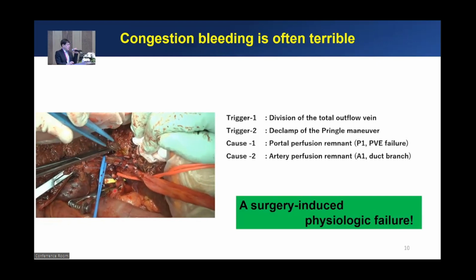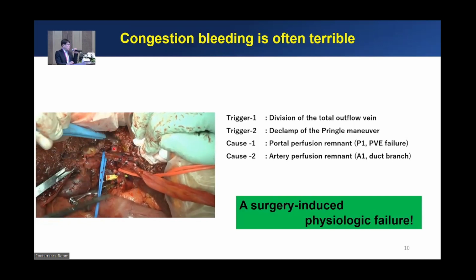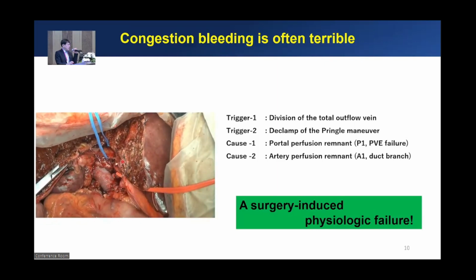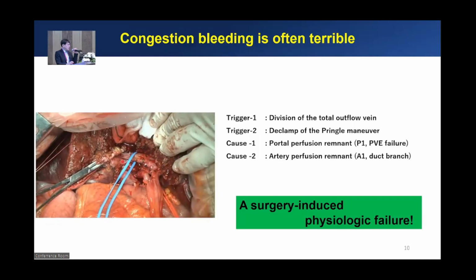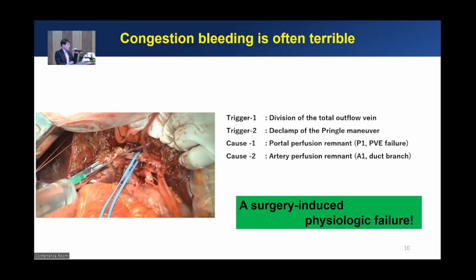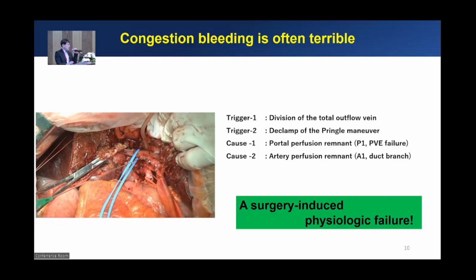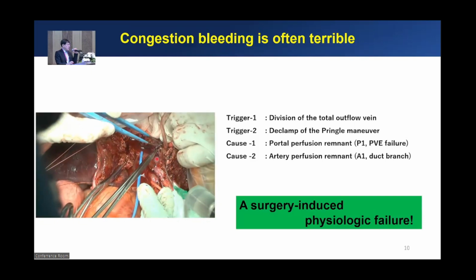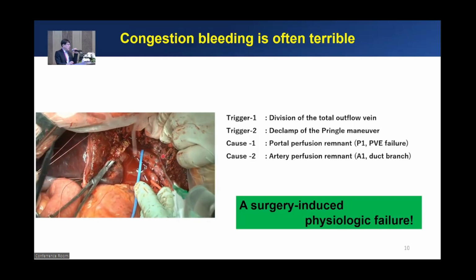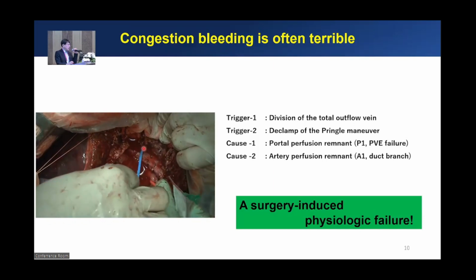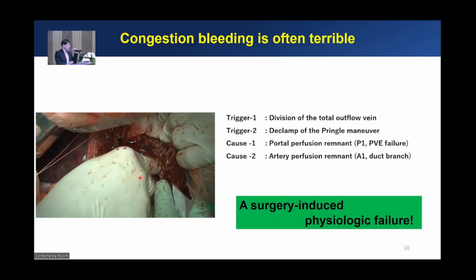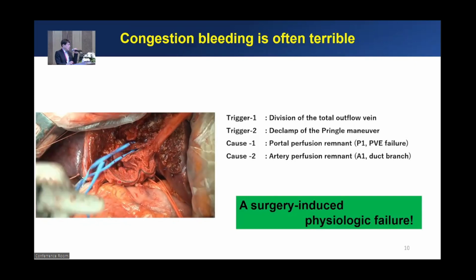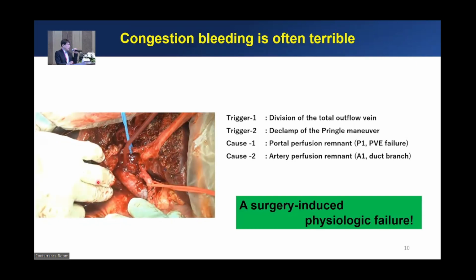And this we divide the middle hepatic vein after we just, and the clamp here. This is a duct. Hemostasis of the duct is performed. During this step, we encounter bleeding like this. Controllable bleeding from the resected side.